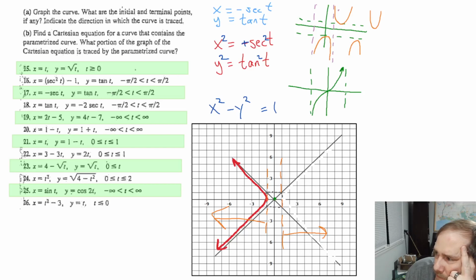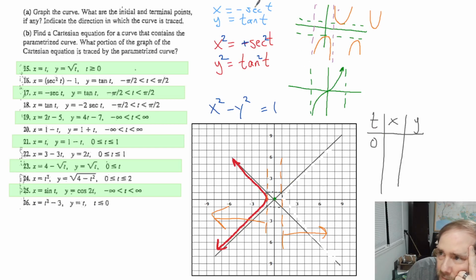And then I think there's probably a little bit more to this, where if we were going to do our direction of growth, then our initial point is probably that vertex, right? If you plug in 0, negative secant gives -1, and tangent gives 0. So -1, 0 is definitely my starting point.